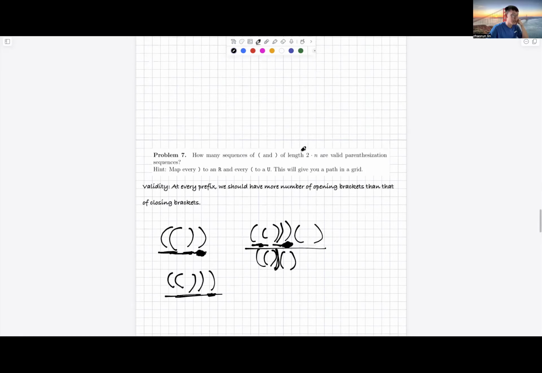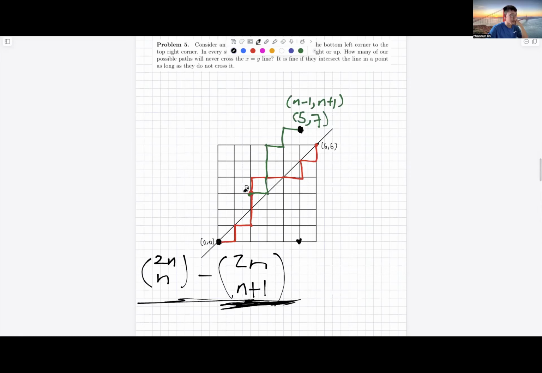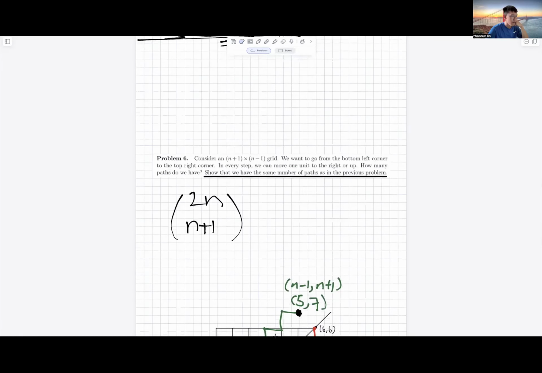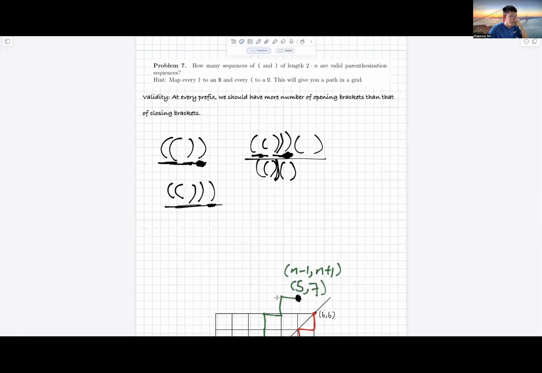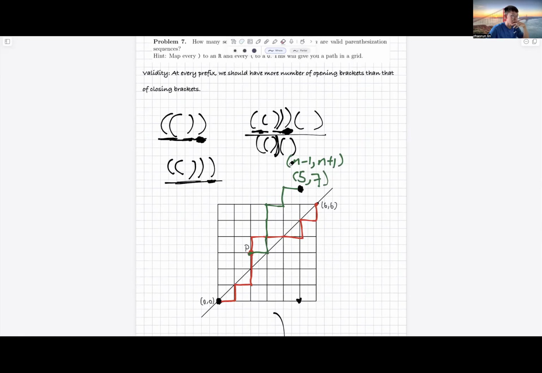And there's a hint that we can map this question to problem 5. So let me copy this one.